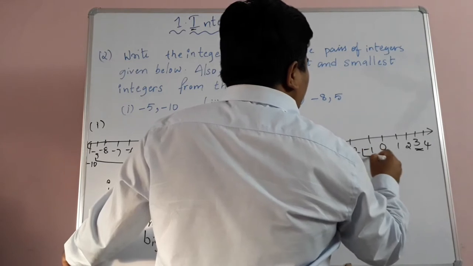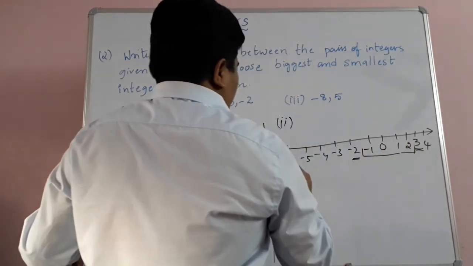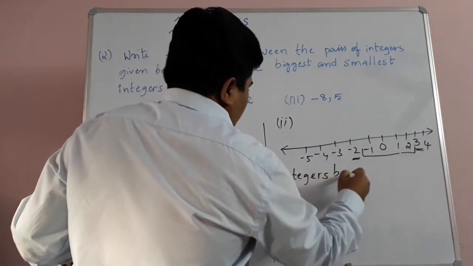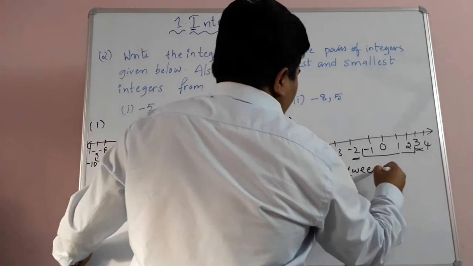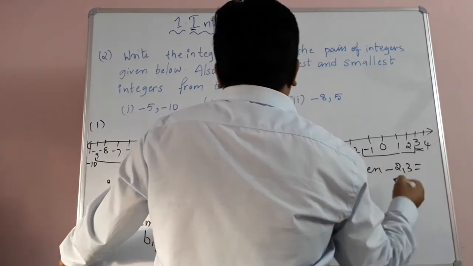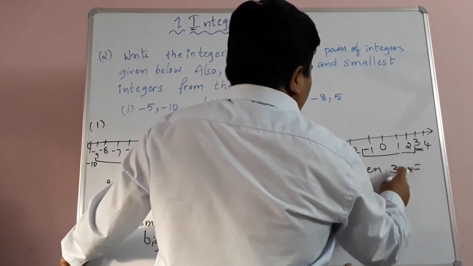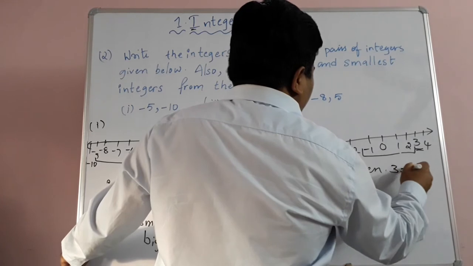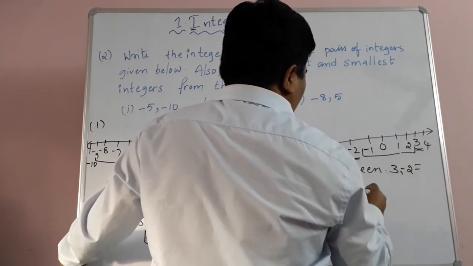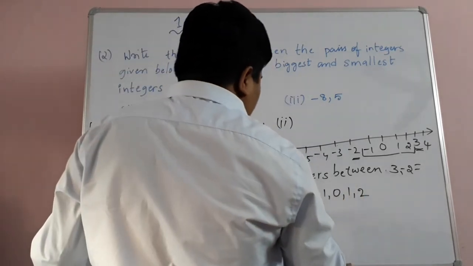What are the integers lying between 3 and -2? -1, 0, 1, 2. So integers between -2, 3, or 3, -2, the answer is the same: -1, 0, 1 and 2. Among these 4 integers, what is the smallest, children?